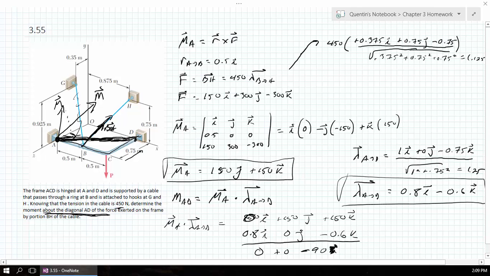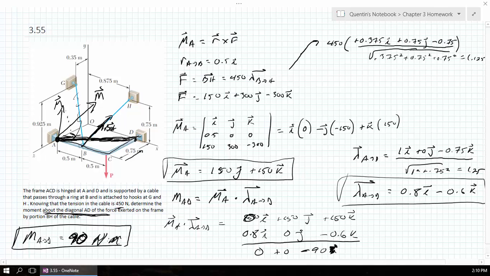So it's just minus 90. So therefore, the moment from A to D is 90 Newton meters. It is a scalar, because again, we're talking about what fraction of the moment vector is in that direction, and there's 90 Newton meters in that direction. And that is the answer.